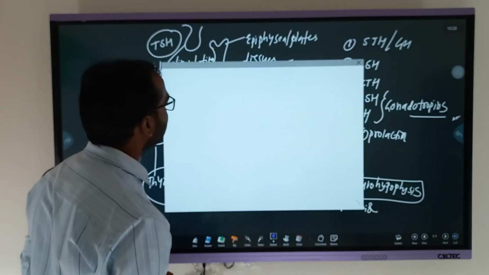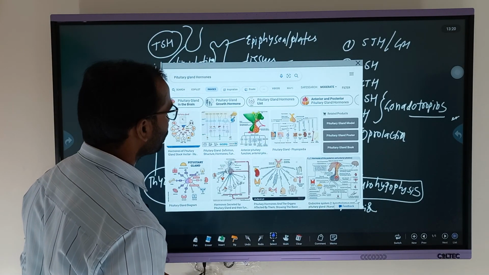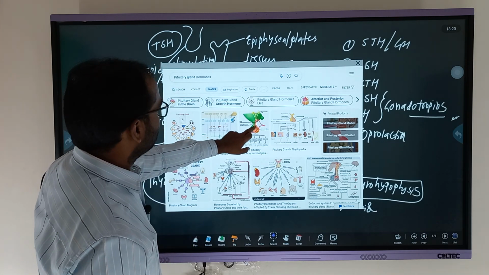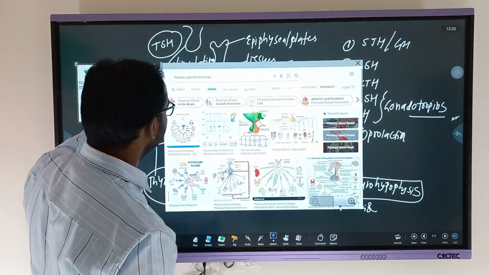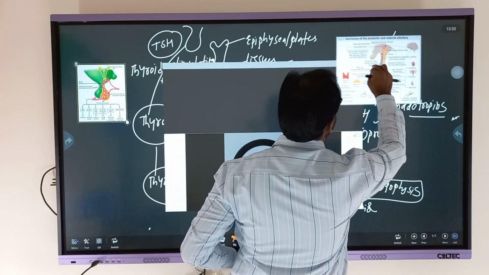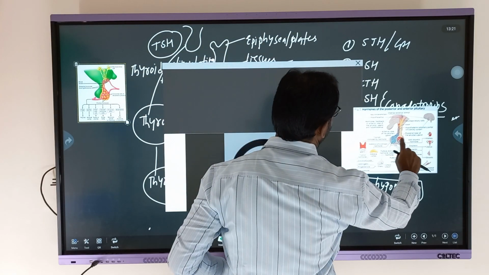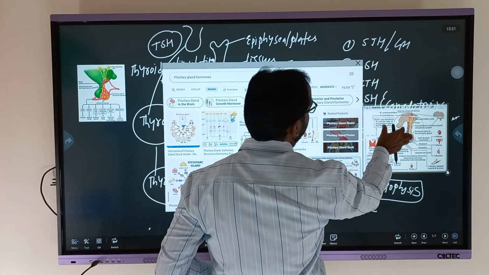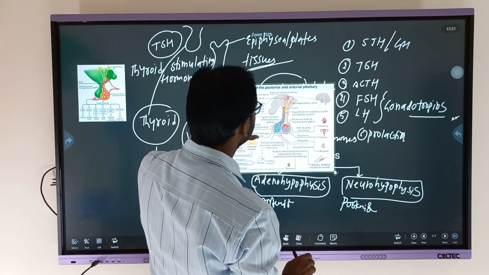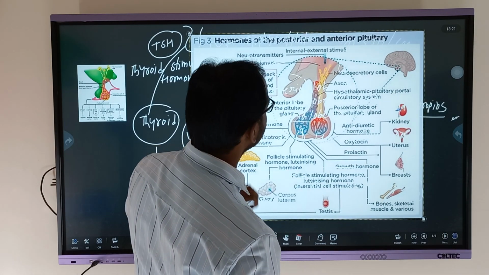Just have a glance at the hormones of the pituitary gland. Right.